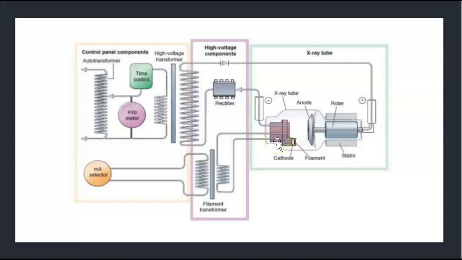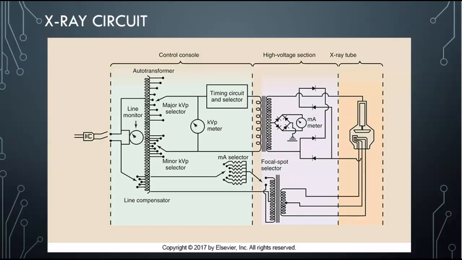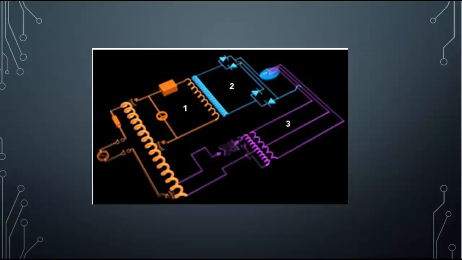Here's our anode and our rotor and our stators on the outside. Although they look different, they're all pretty much the same. This is a real good one for you to label because it's got everything laid out exactly how it should be. But these are all fair game also, so be able to label each one of these.